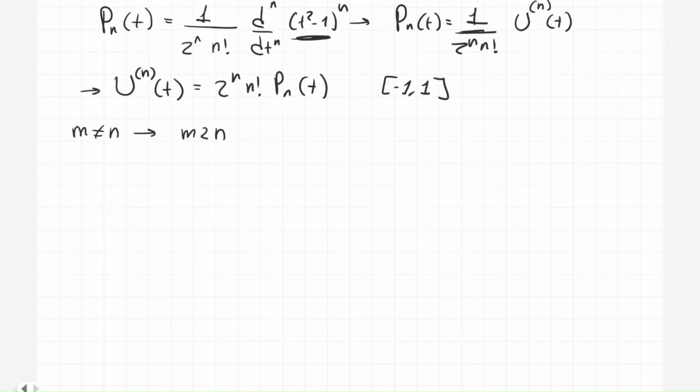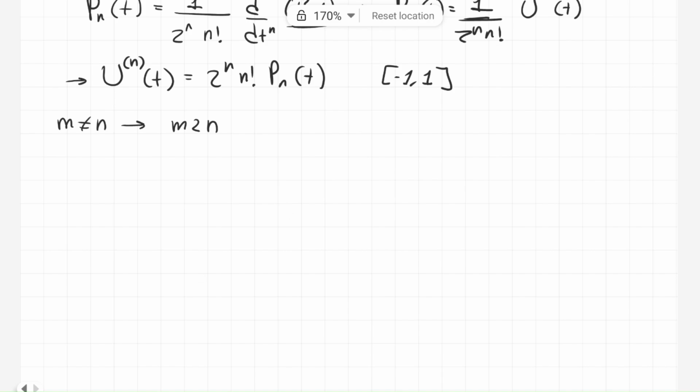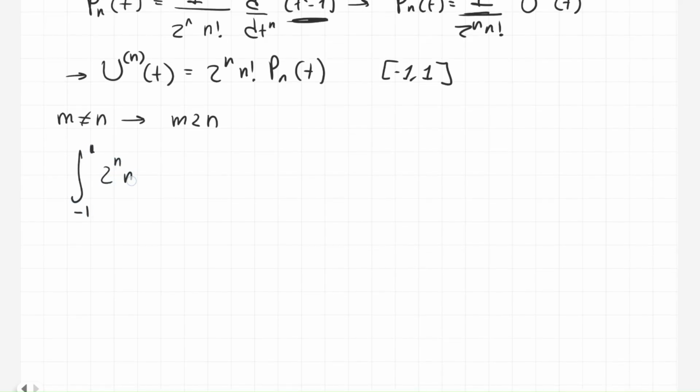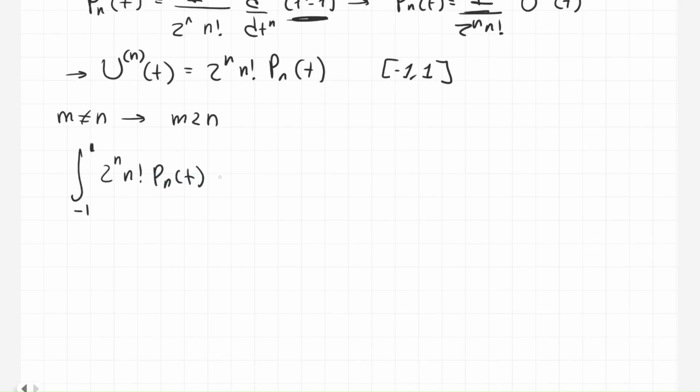Okay, perfect. So what are we going to do? We are going to start by taking the integral from -1 to 1 of 2 to the n factorial p sub n of t, and then we are going to consider a general polynomial t to the m, right?